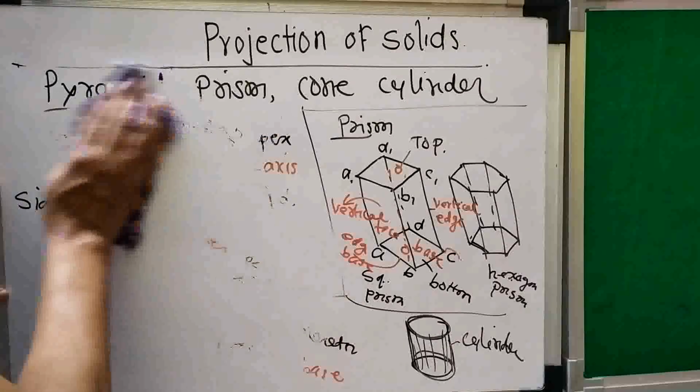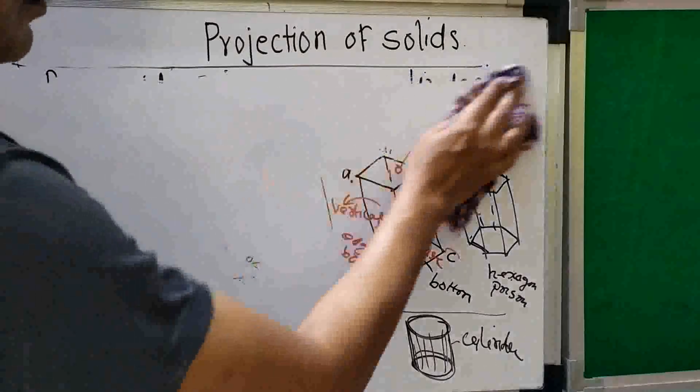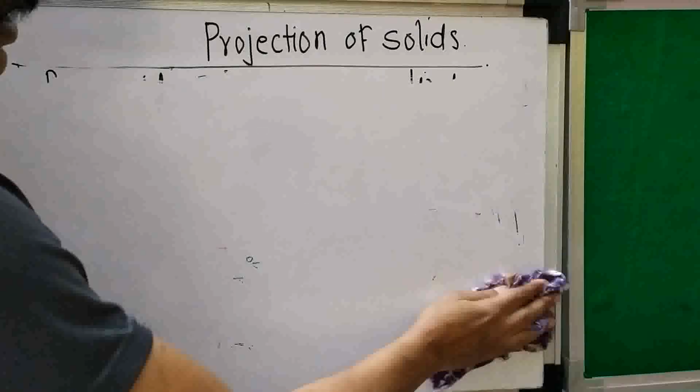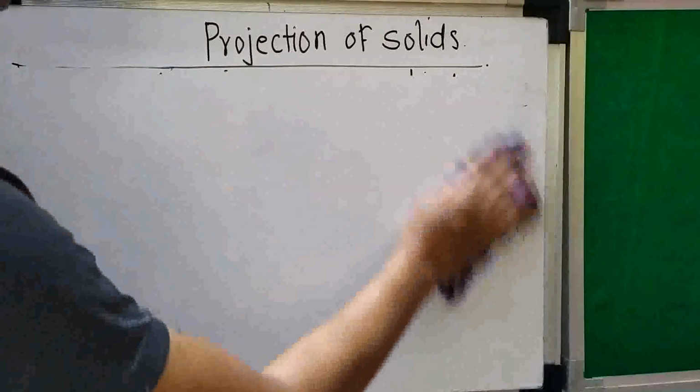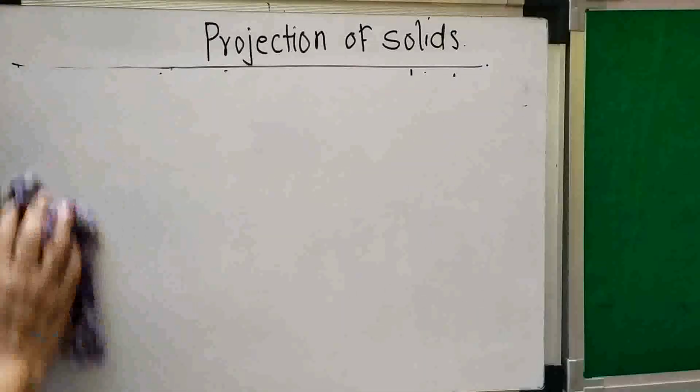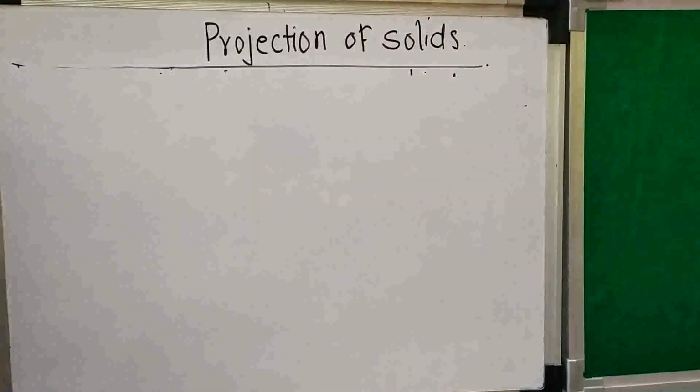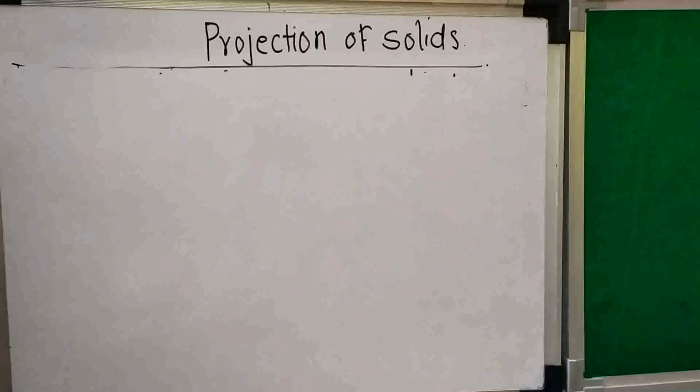So what I will do, I will create a problem now according to the description required for the problem. I have already told you that a problem requires a solid, its dimension, its inclination description, and its resting condition description.